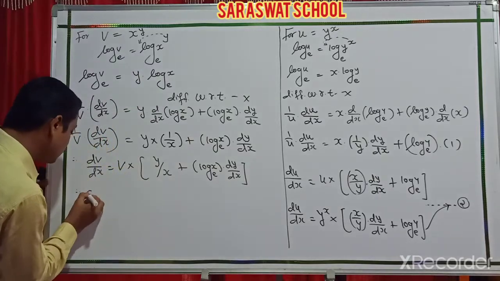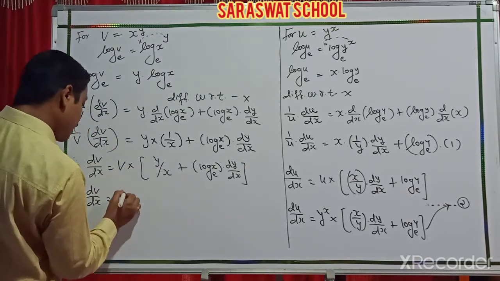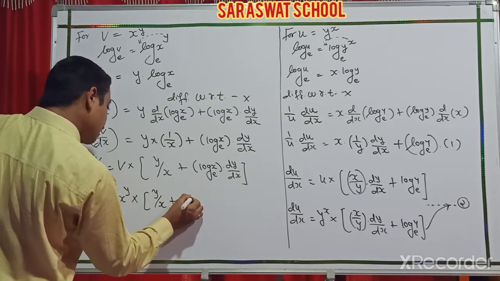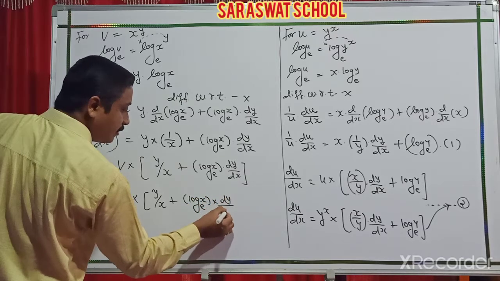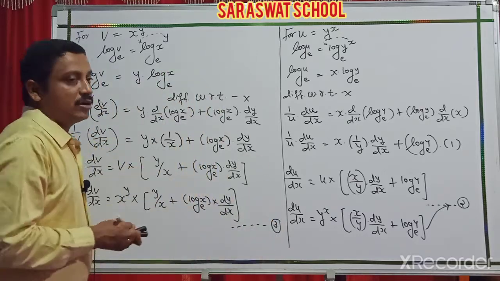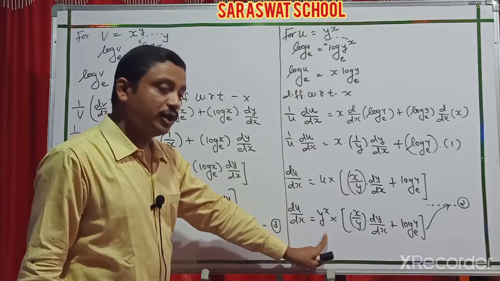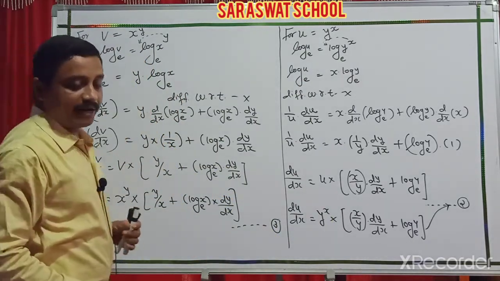It means dv by dx is x raised to y into y by x plus log x base e into dy by dx. Here make statement number 3. It means, students, your u derivative is du by dx, v derivative is dv by dx.